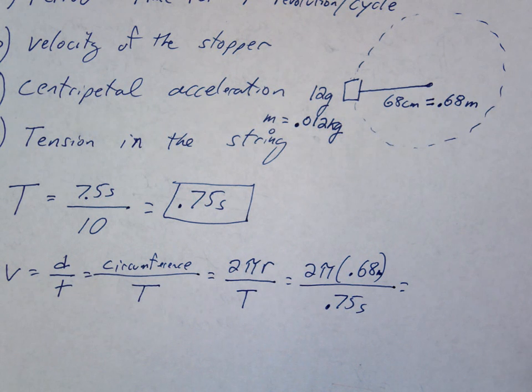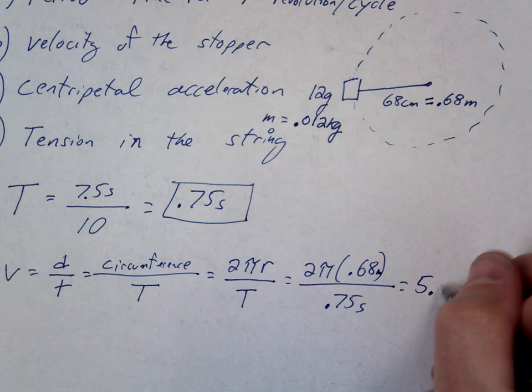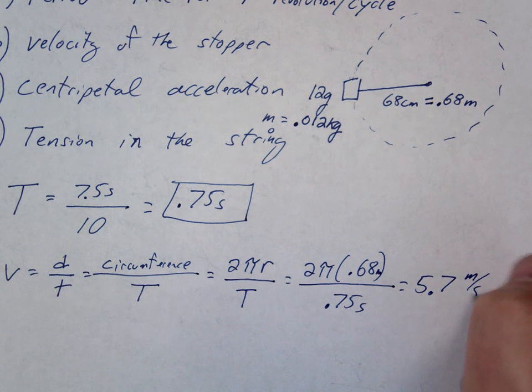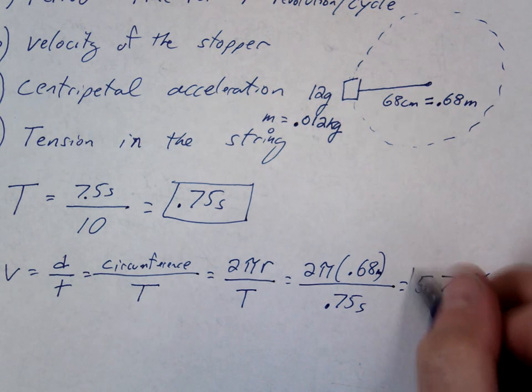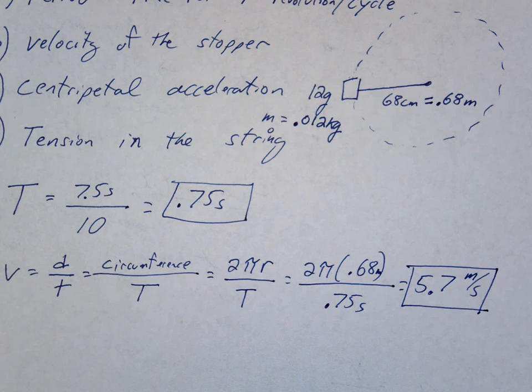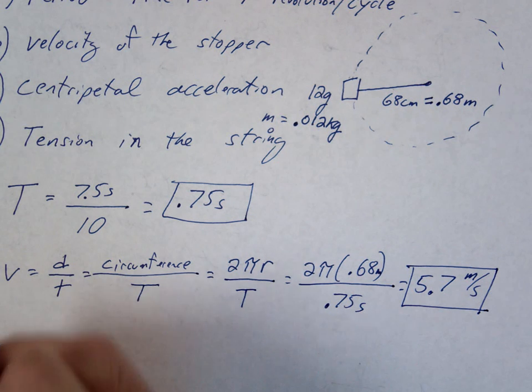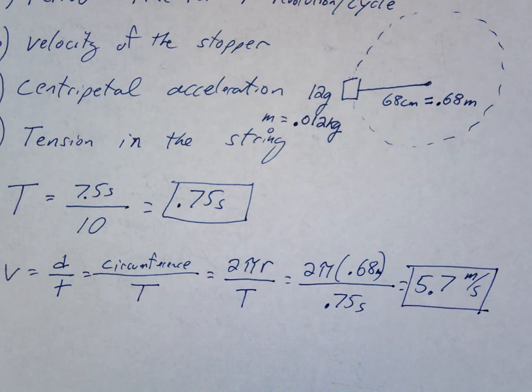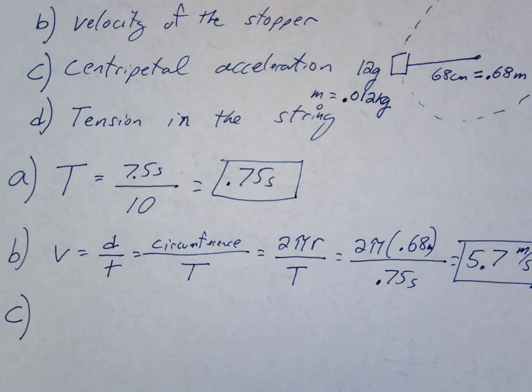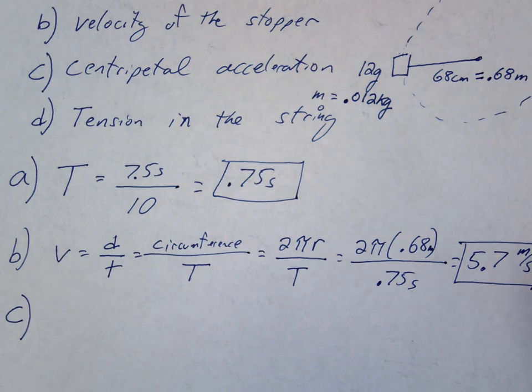About 5 point something. Alright, and at this point, it should be pretty straightforward where we're going to go from here.